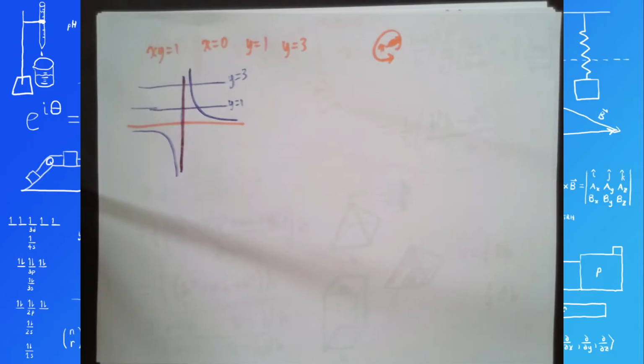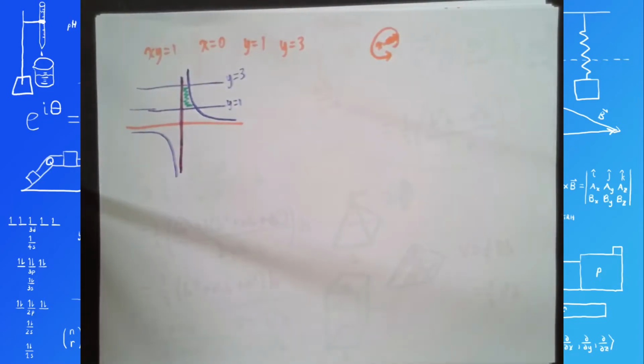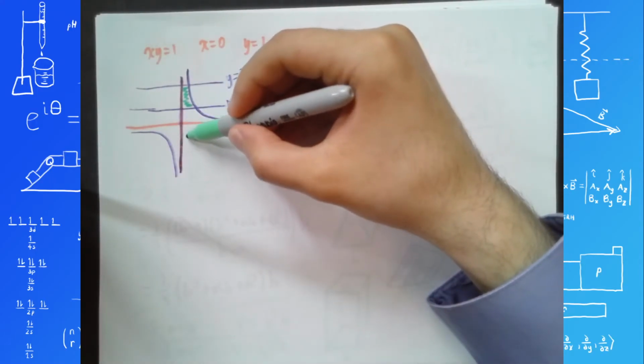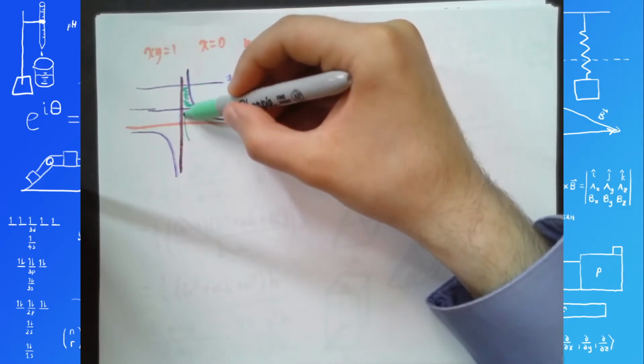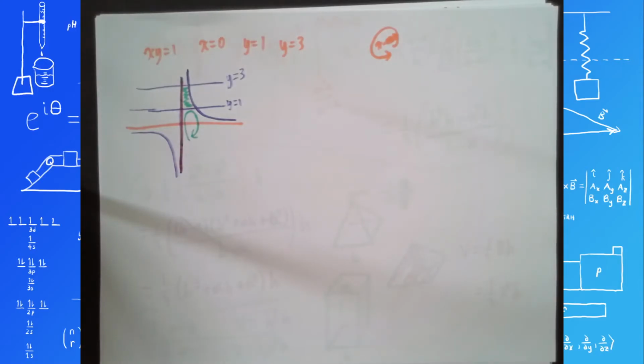So it looks like the only region that's touching all 4 of those is this right here. And we're rotating this thing around the x-axis like so. Okay, so at first glance it looks like you could try and use the washer method for this.